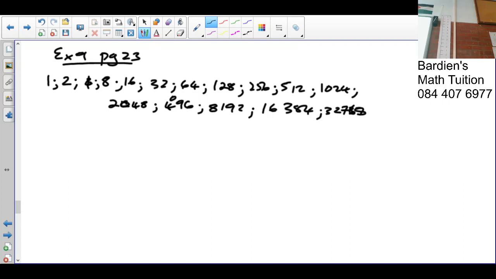If you work out, instead of doing all of this, I could have just said what's happening at T17. What would have been the last payment he would have made? It would have been 1 times 2 to the power 17 minus 1. Work that out. $65,536. Can you see that?